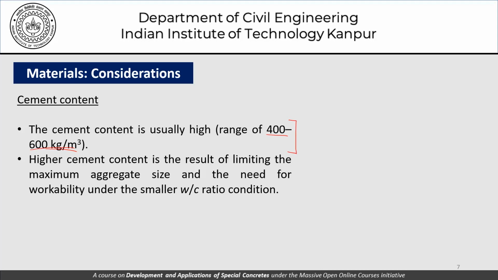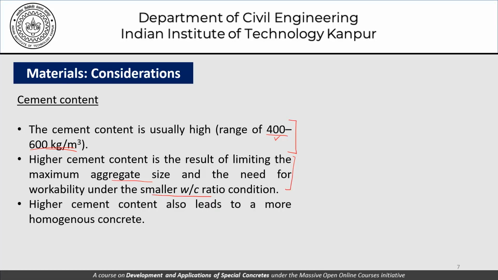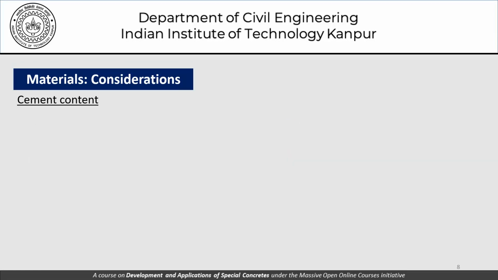The high cement content is the result of the limiting maximum size aggregate, which implies more mortar, more cement paste, and the need for workability with smaller water cement ratio condition. So all this combines to make a high cement content. Higher cement content also leads to a more homogeneous concrete.